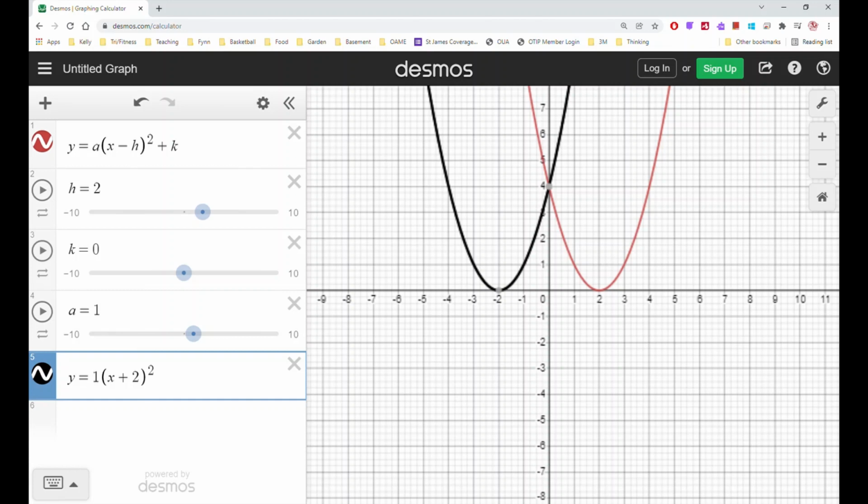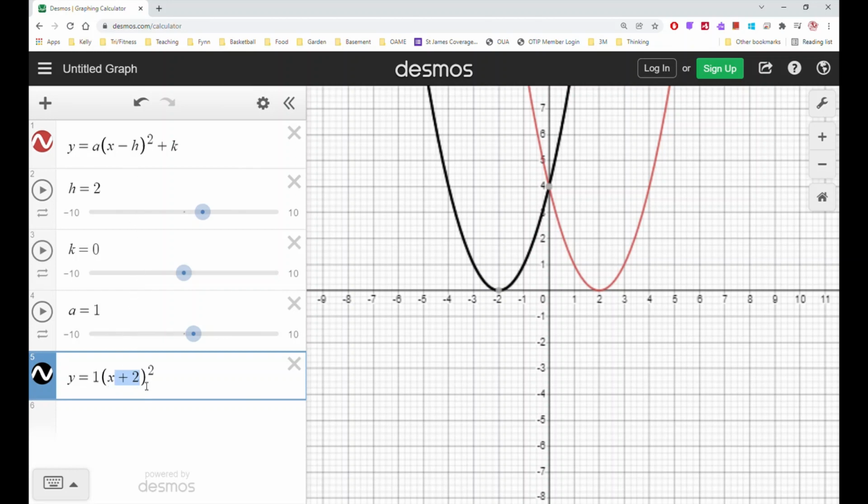And this is the exact same graph. But you notice I put a plus 2 in here. You would think that would move it to the right, but it actually moves it to the left. So when I put a plus 2 in here, it becomes a negative, because a negative times a positive is a negative.